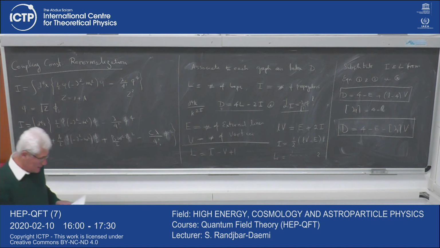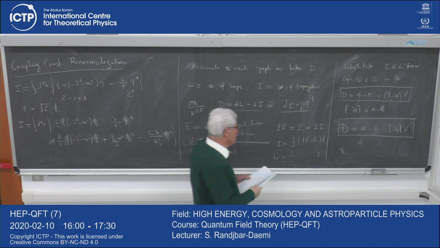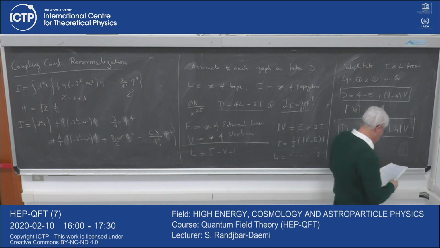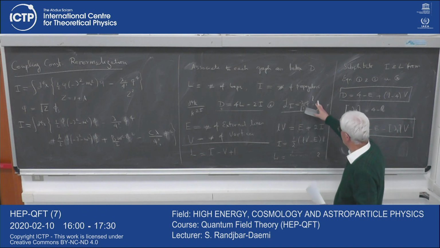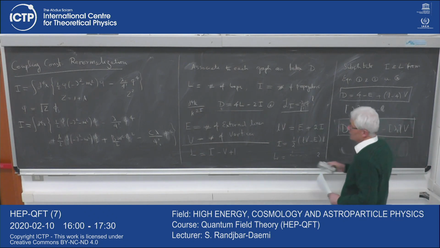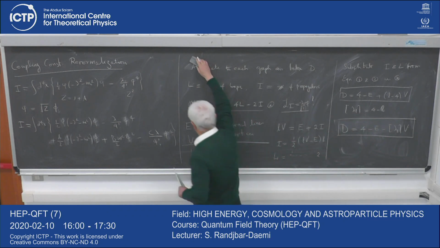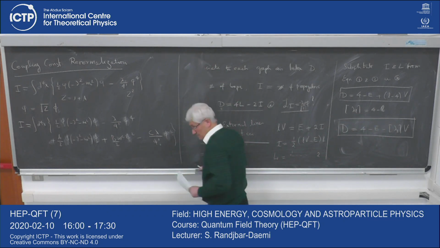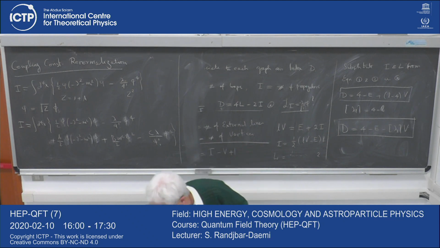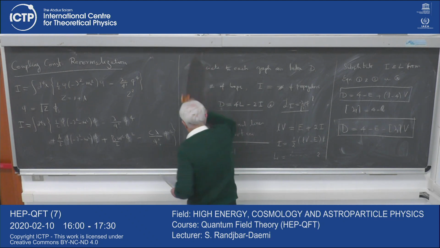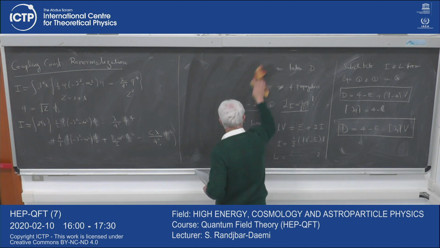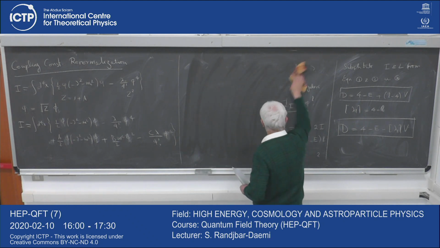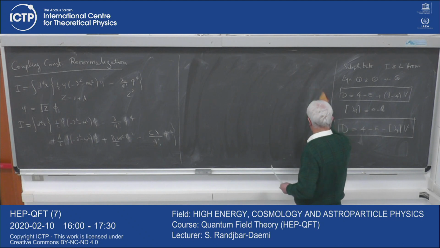Now, first of all, let's work out an example. The example is just replace L by 4. This is this model, and see what's the outcome. So if L is 4, the dimension of lambda is 0, and we get a very simple relation.